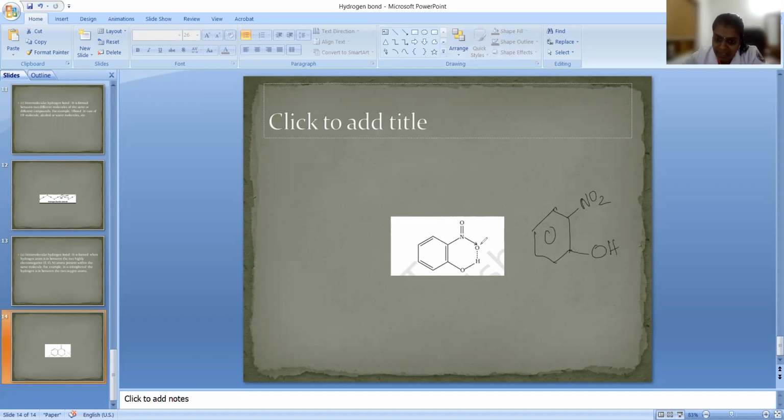The NO2 group has an oxygen atom with a lone pair, which is electronegative, and that will bond with the hydrogen atom present in the OH group. So this is called intramolecular: the hydrogen bond forms within the molecule.